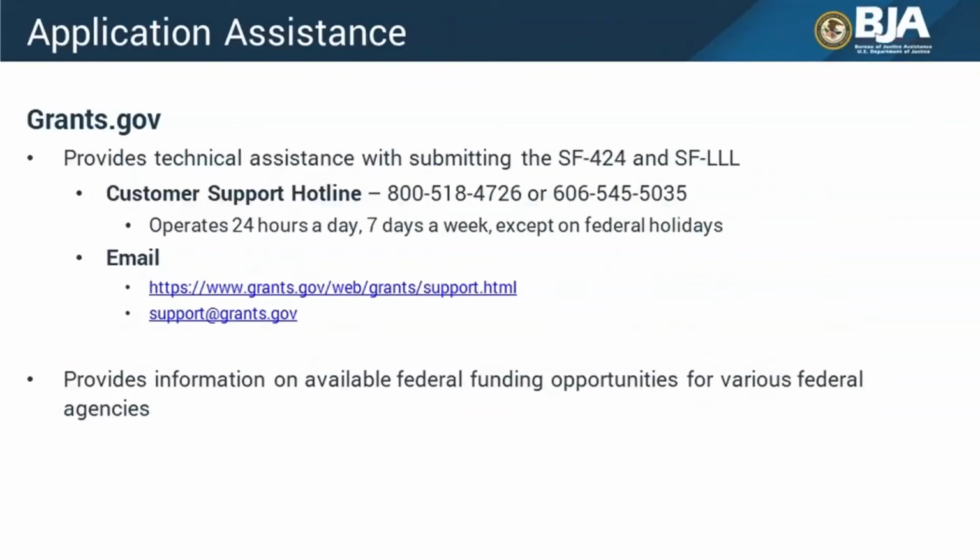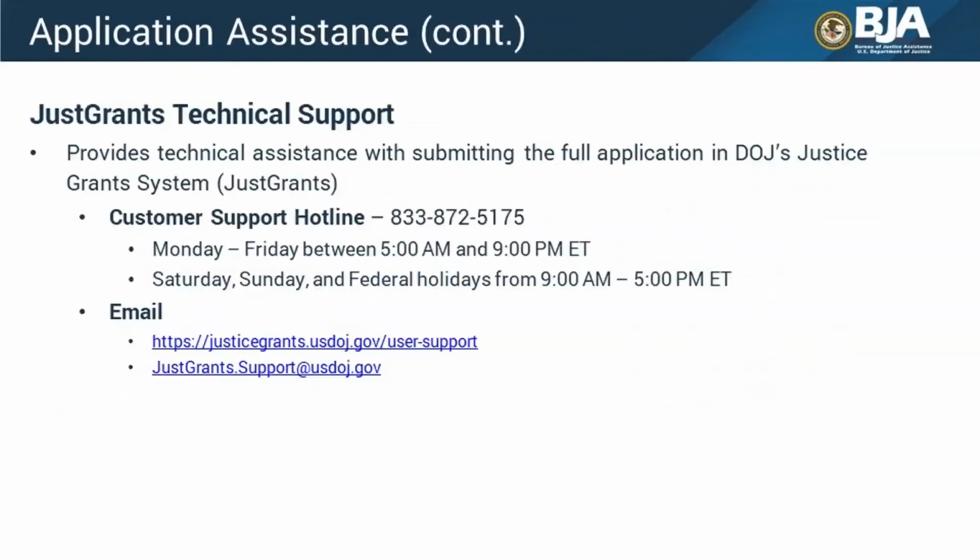If you run into any problems with the application, there are various resources available to assist you depending on where you encounter the issues. You may reach out, for example, to the Grants.gov email or hotline as listed in this slide. If you encounter issues with JustGrants, this slide outlines JustGrants resources to assist you.